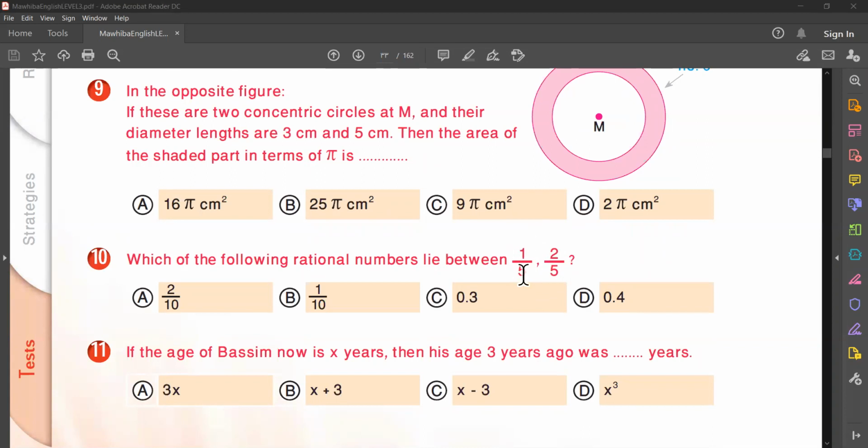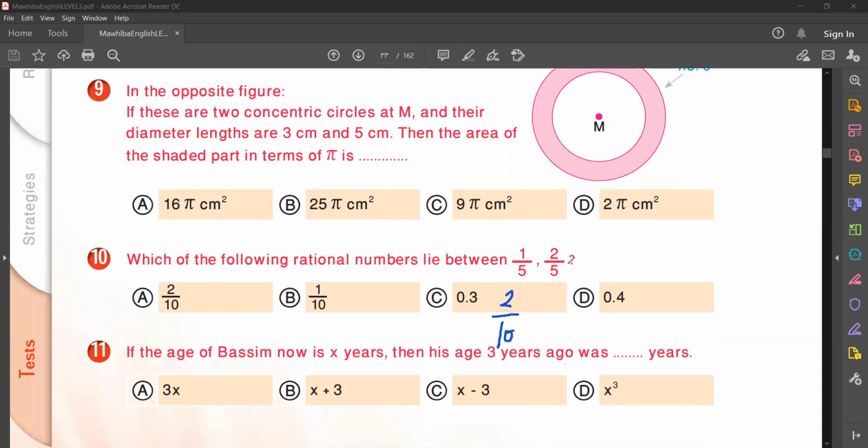When you see two fractions here, we don't have any number between them. So what I will do, you multiply each of them by 2. Here 1/5 becomes 2/10.